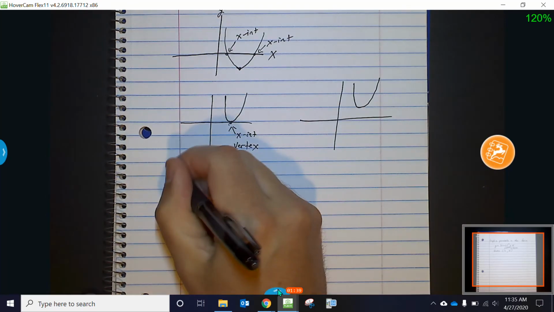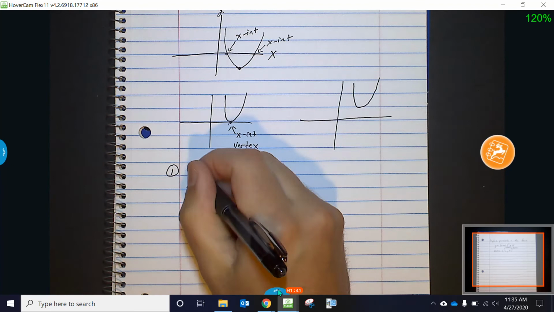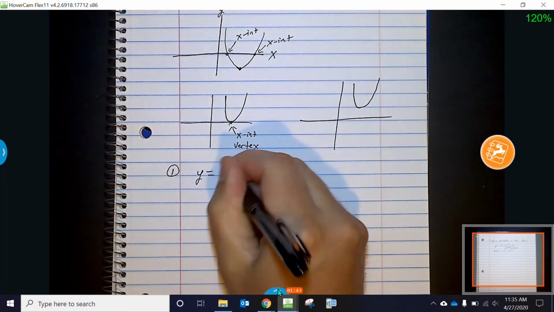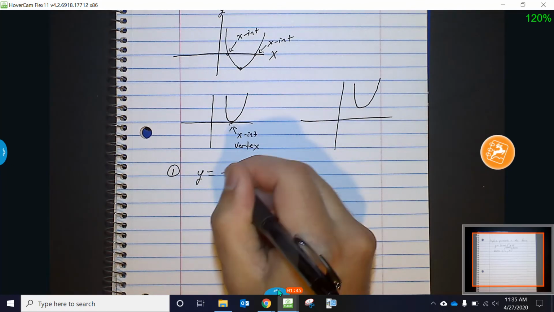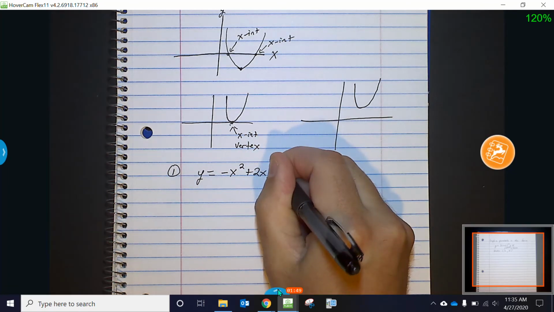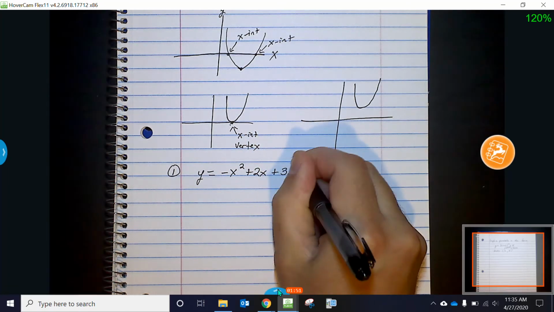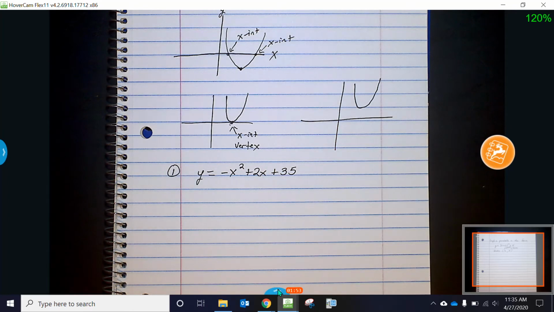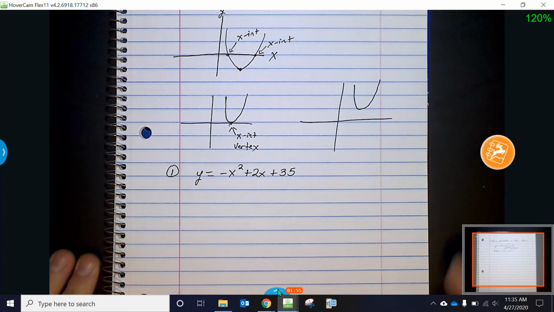So example 1, given y equals negative x squared plus 2x plus 35. I jumped ahead a little bit, that's okay.